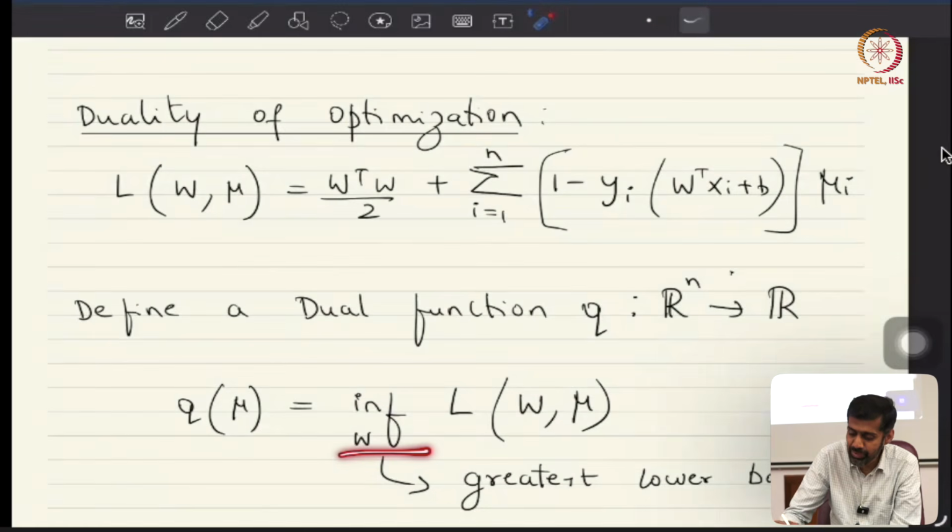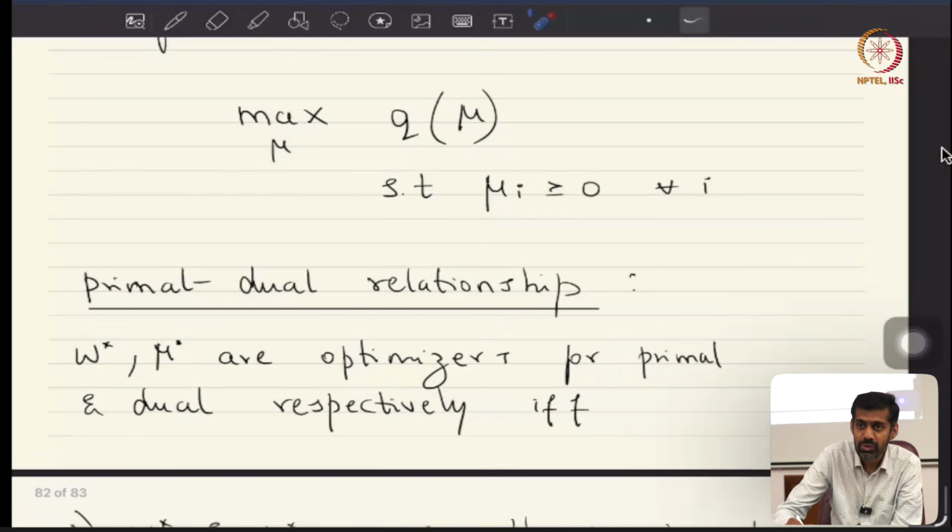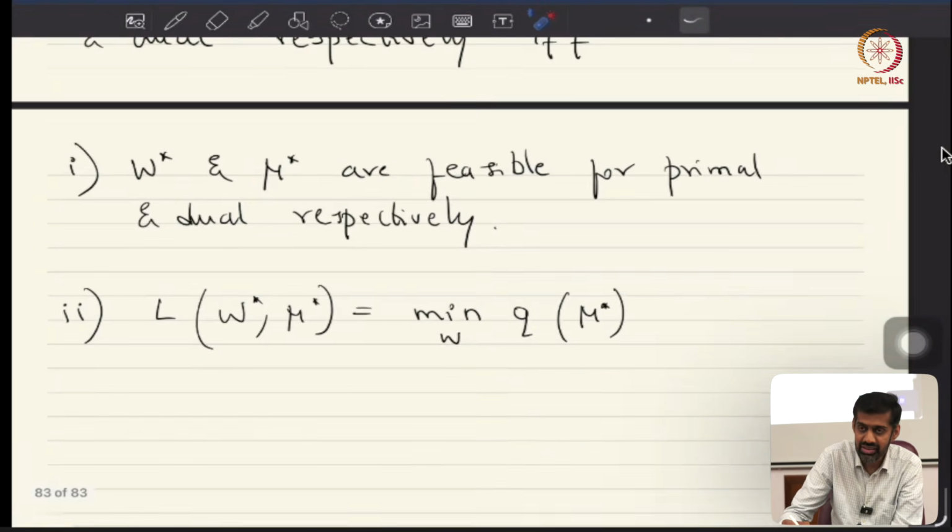You minimize with respect to W. The dual problem is maximizing with respect to mu. Here I am writing the Lagrangian evaluated at the optimizer of the primal and dual problem, which is equivalent to evaluating the dual function at mu star after minimizing with respect to W. That's correct.